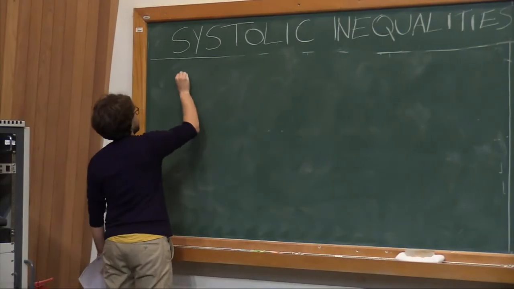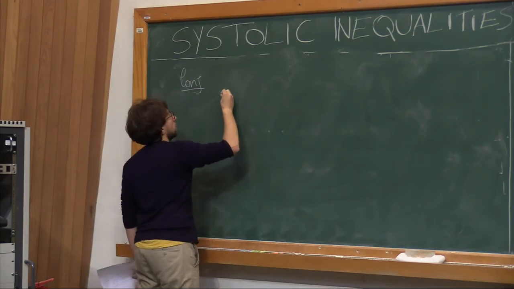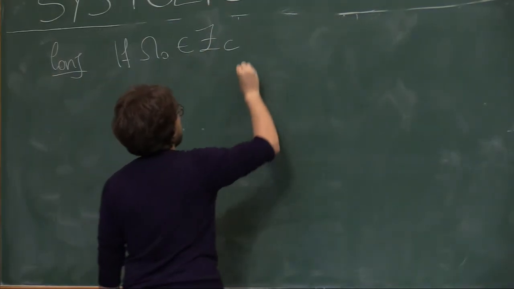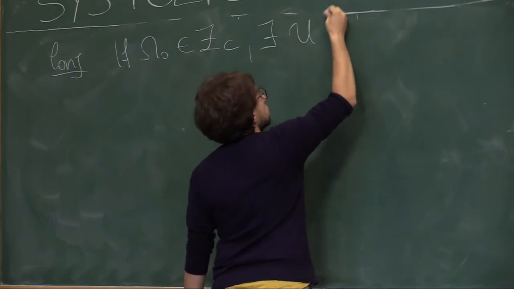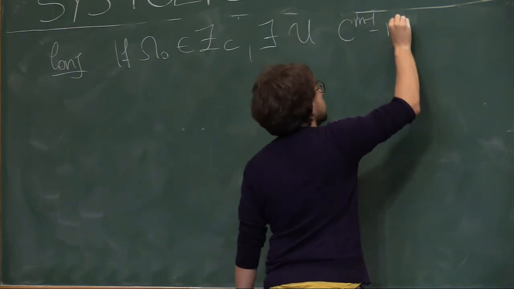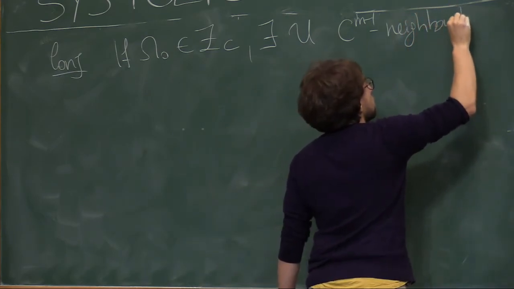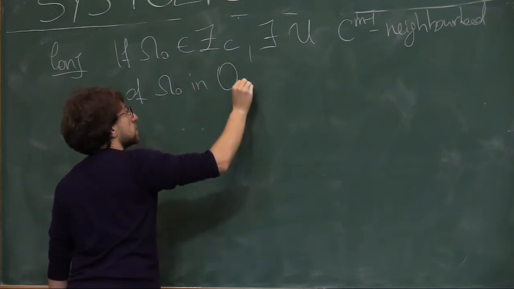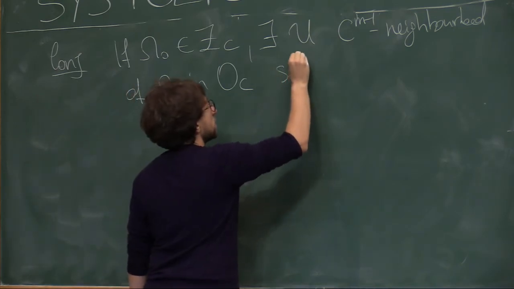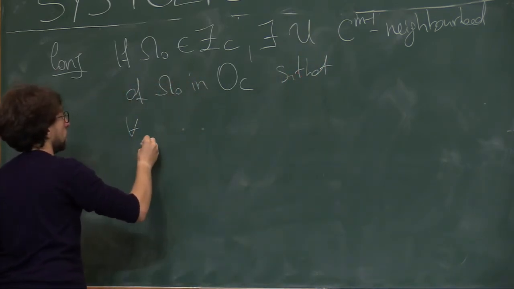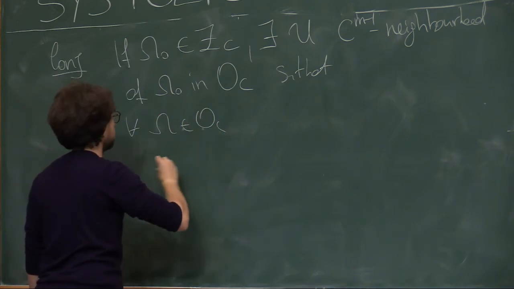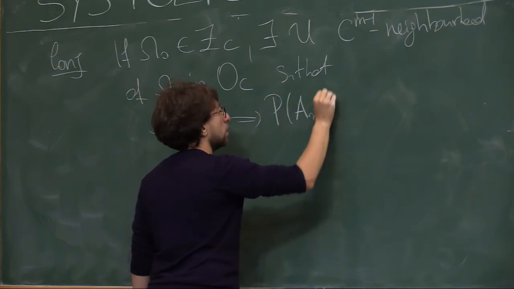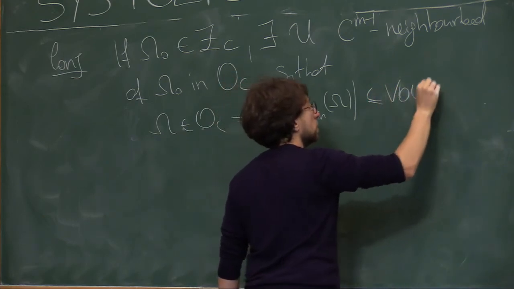So in this case, the conjecture is: if omega 0 is a Zoll odd symplectic form, then there exists U, a C^(m-1) neighborhood of omega 0 inside the space of odd symplectic forms, such that for all omega in this neighborhood, P of A min of omega is less than or equal to the volume of omega.